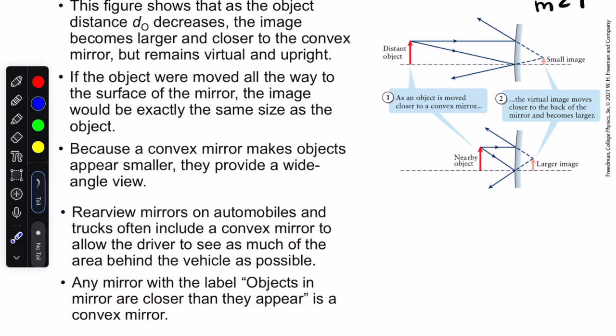Because look at the distance from the image to the mirror. It's closer than the object is to the mirror. So they look farther than they actually are.